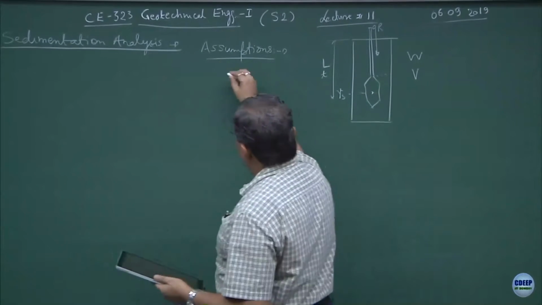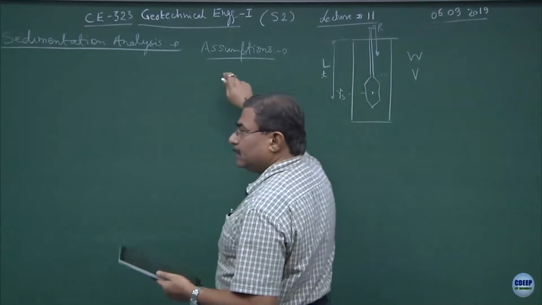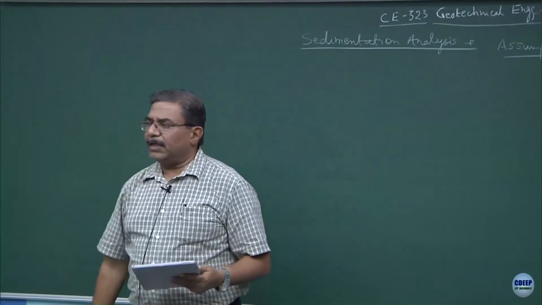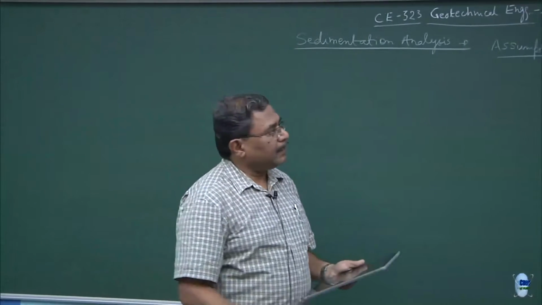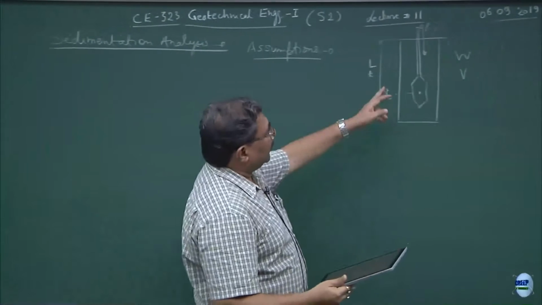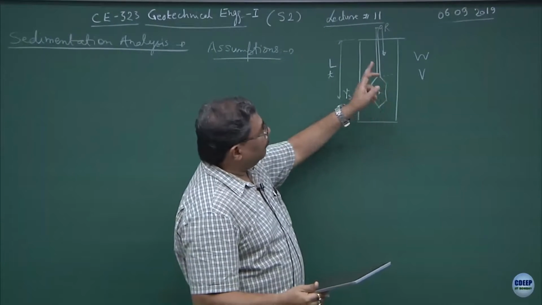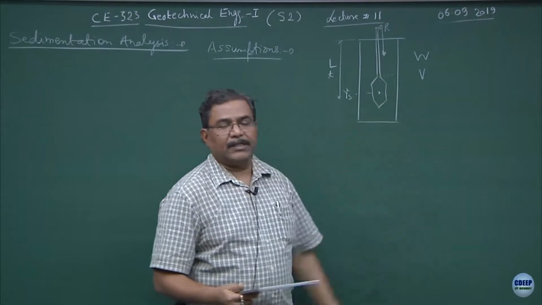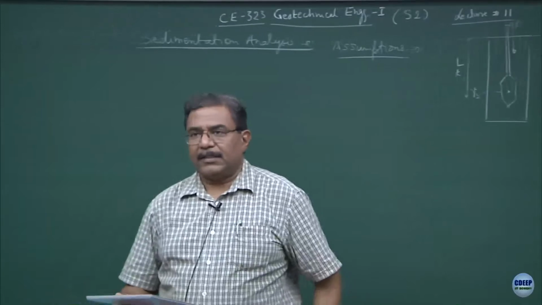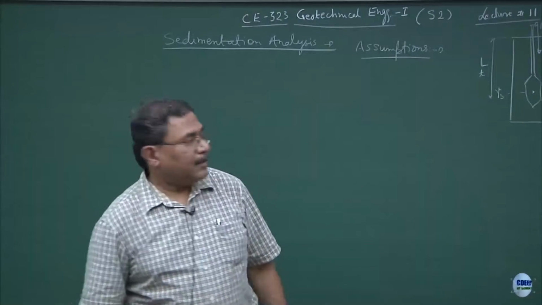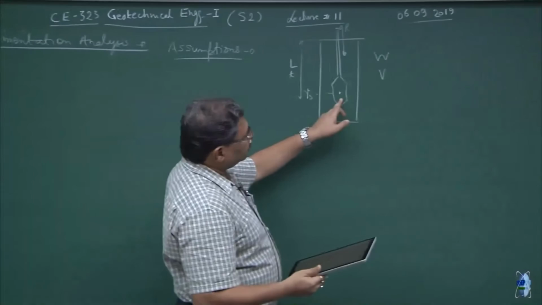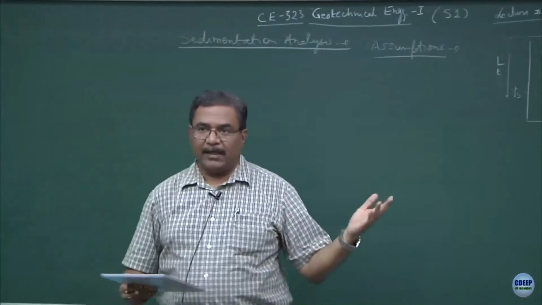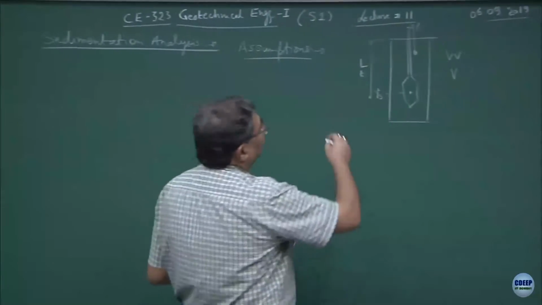I have talked about the corrections which are applied for hydrometer readings, that is the meniscus, the application of corrections for dispersing agent, and I have also talked about the displacement of fluid because of the hydrometer. So, these are the three corrections which you normally apply: temperature correction, meniscus correction, and displacement of fluid because of the hydrometer. Some of them are additive, some of them are negative, and then you apply and get the readings. This is the philosophy of the whole test.